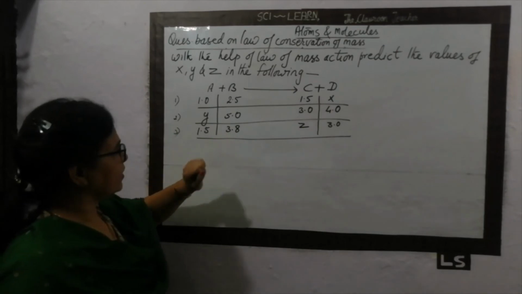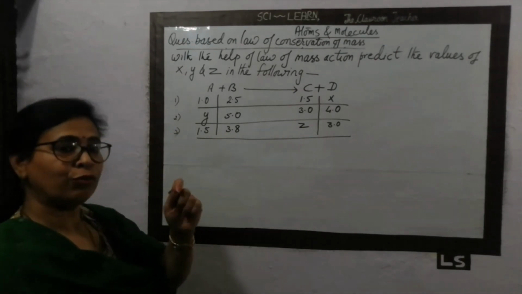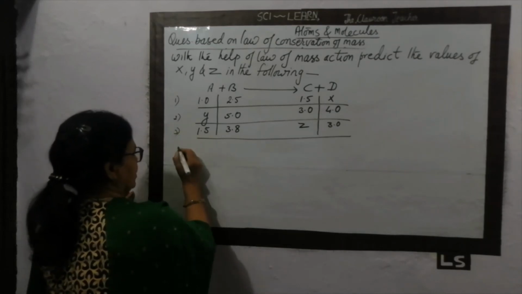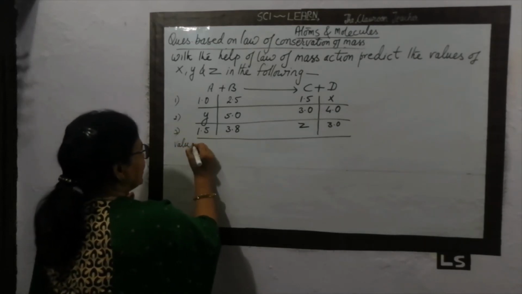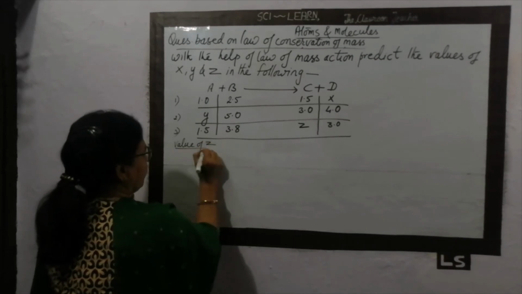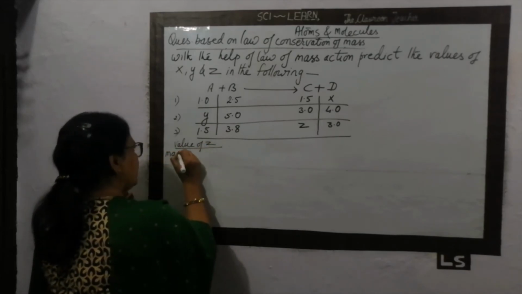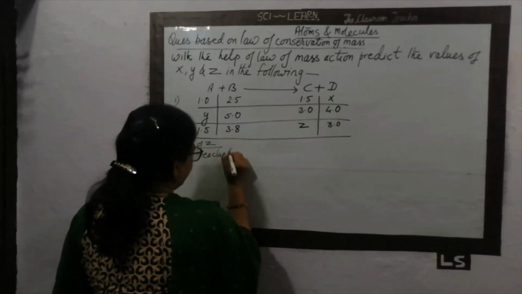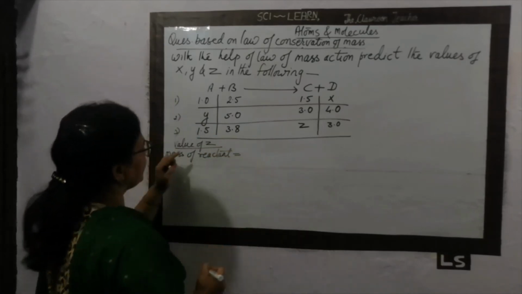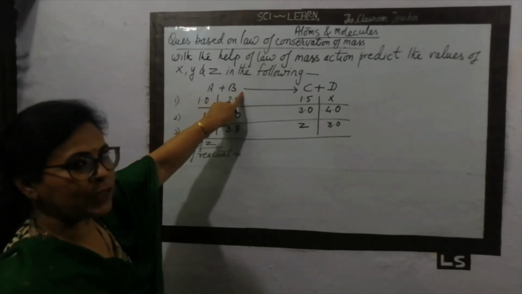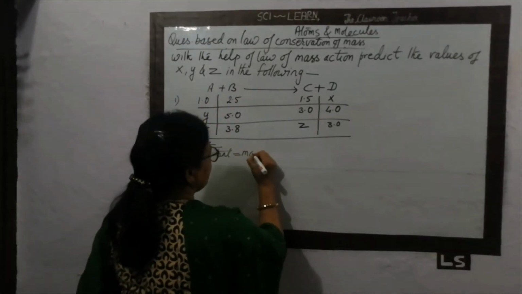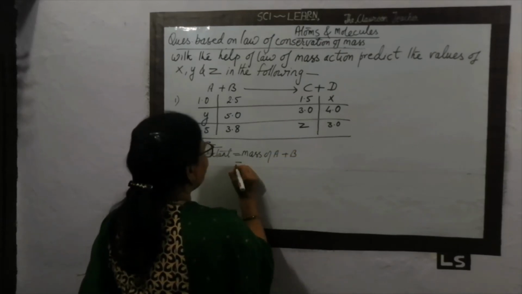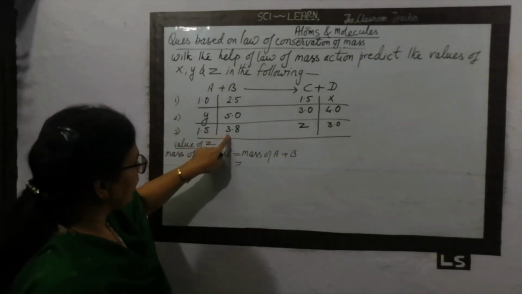This is reactant, this is product. So we have to find out the mass of reactants. Okay, value of z. What we have to do? We have to calculate the mass of reactants. It means the mass of A plus mass of B. What do we get here? 1.5 and 3.8.